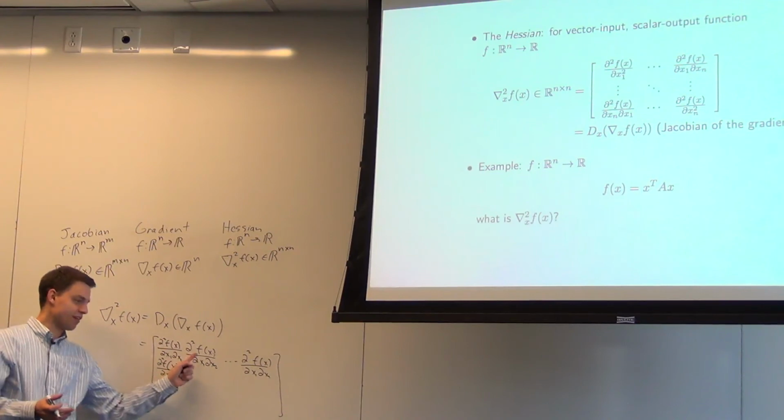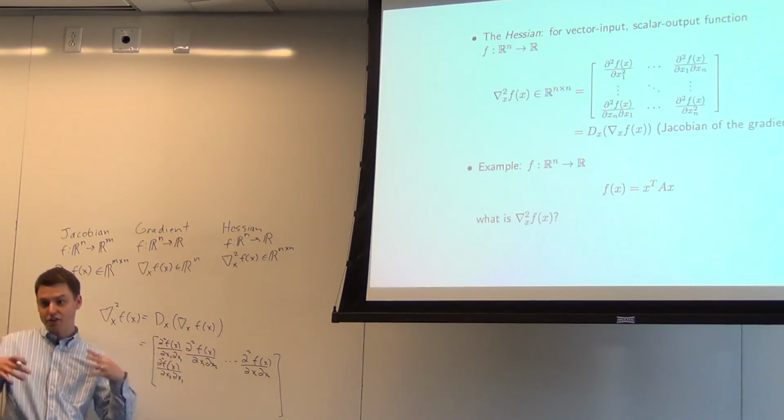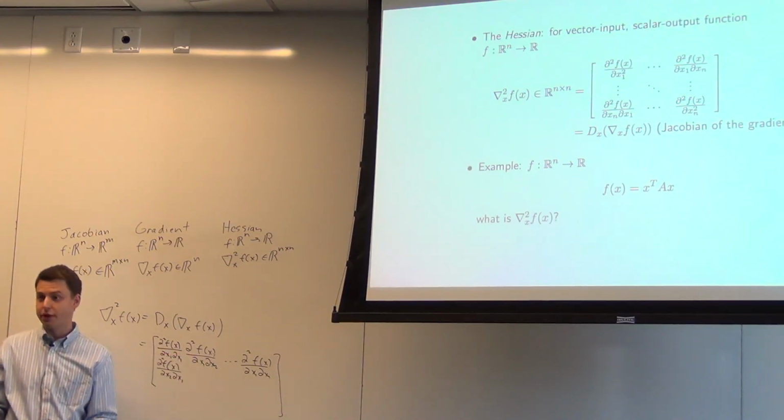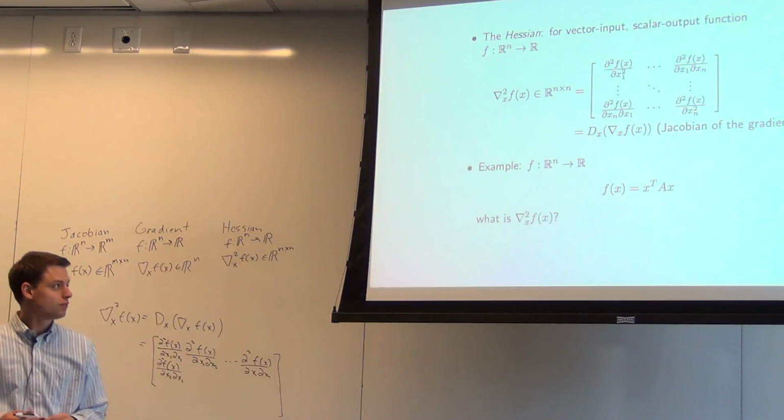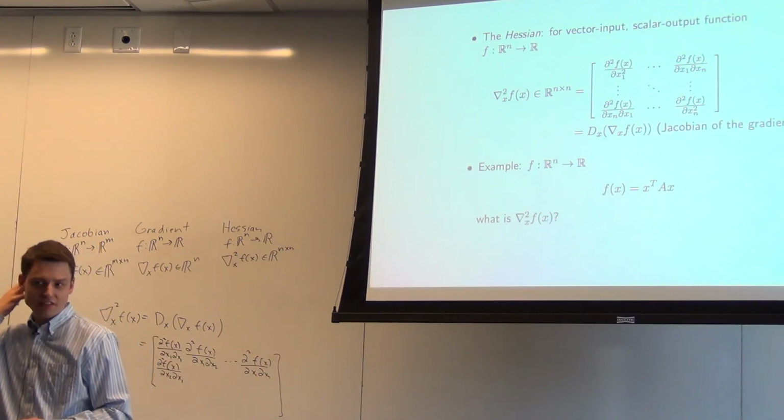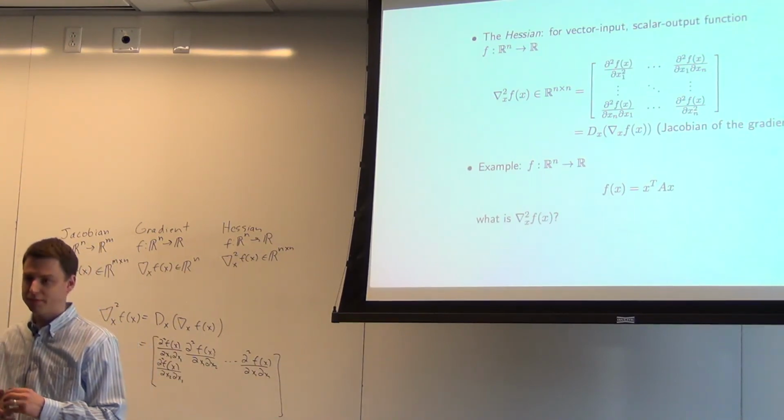This is going to be the same thing as that. And so by the nature of this construction, the Hessian is going to be symmetric. So that's an example of things like symmetric Hessians coming up.